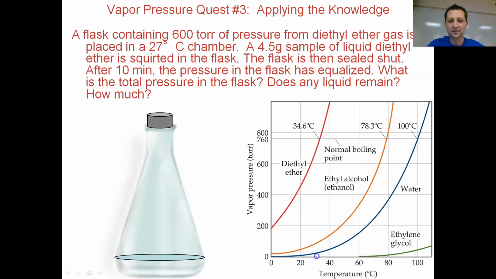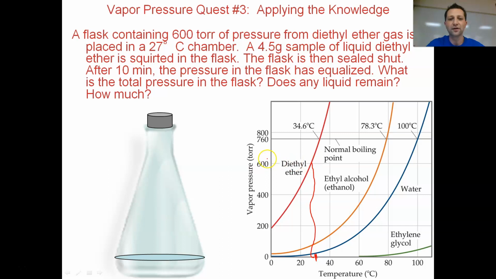30 degrees Celsius is here, so 27 is about here. I'm going to go up best I can, and pretend it's a straight line. So I go straight up from 27 Celsius to my diethyl ether curve.